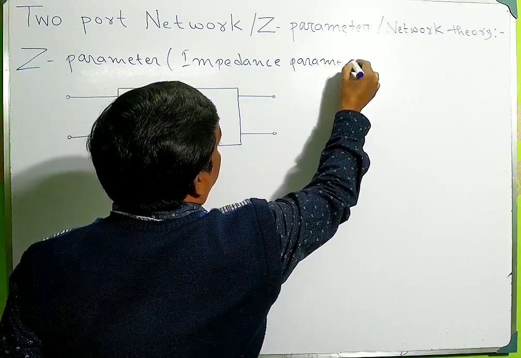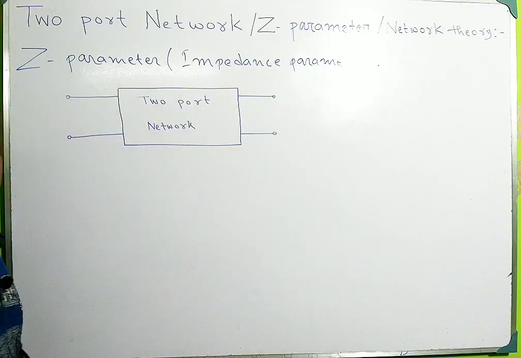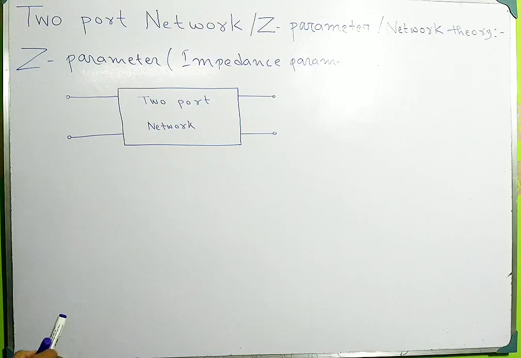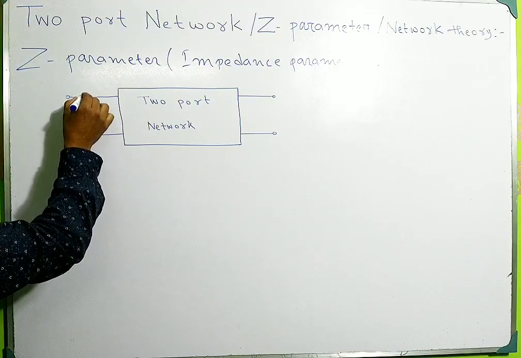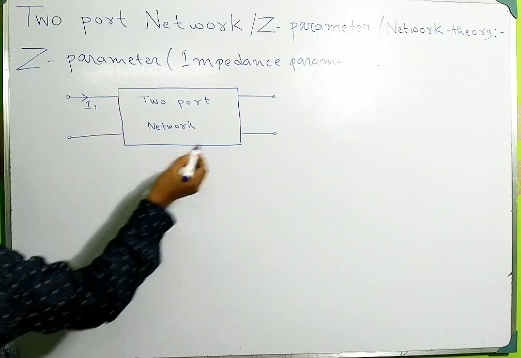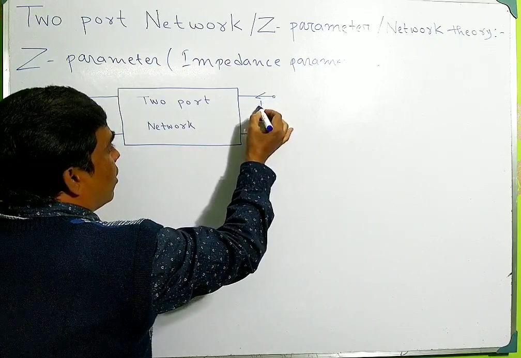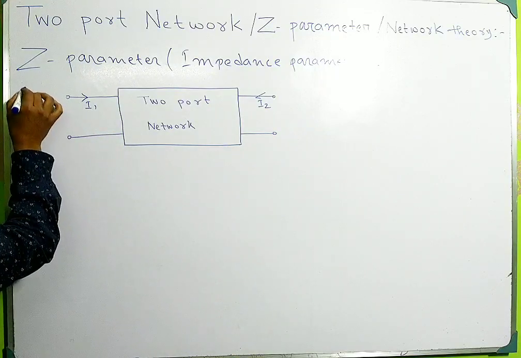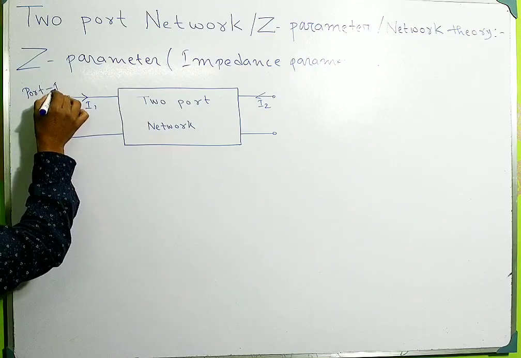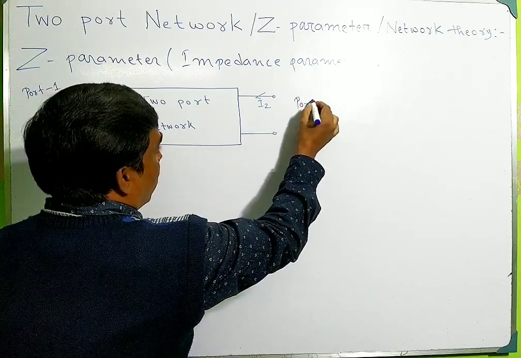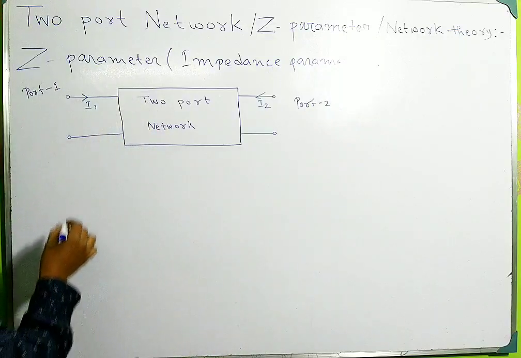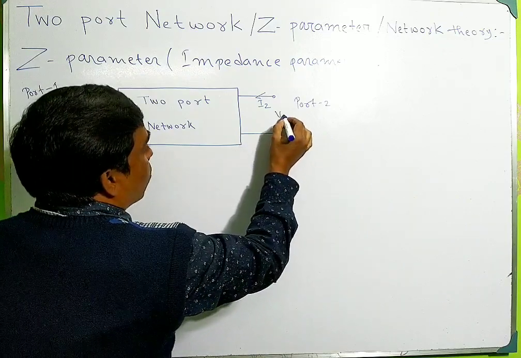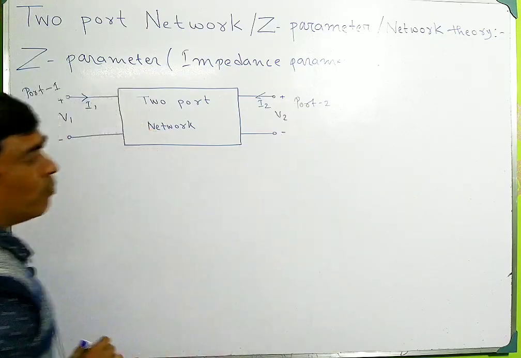Impedance parameter. What is the impedance parameter? Suppose this is a two-port network, and this is the entering input current I1, and this is the port 2. This is the entering current of port 2, I2. This is port 1 and this is port 2, and this is the voltage of port 1 and this is the voltage of port 2.